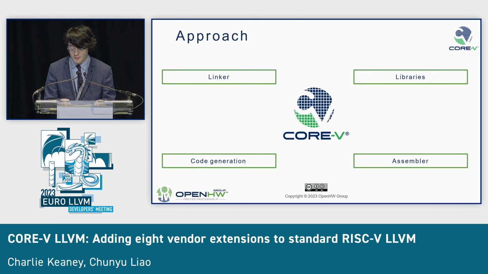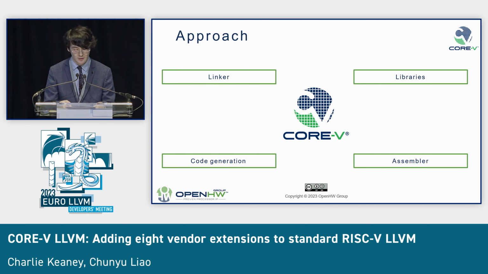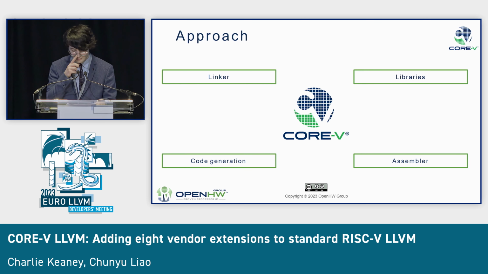Now I'm going to talk about our approach. Our overall aim is to work from the bottom up, incrementally adding as necessary. Firstly, we decided that we are using the LLVM MC layer assembler, as we could reuse and extend the standard RISC-V implementation for this. For the linker, we decided to reuse the existing implementation of the RISC-V GNU linker LD, as it already has the custom relocations we need.